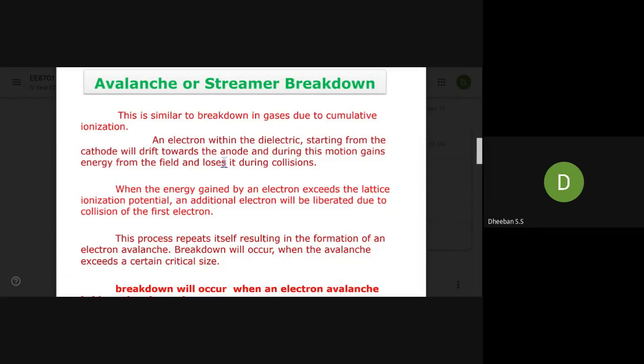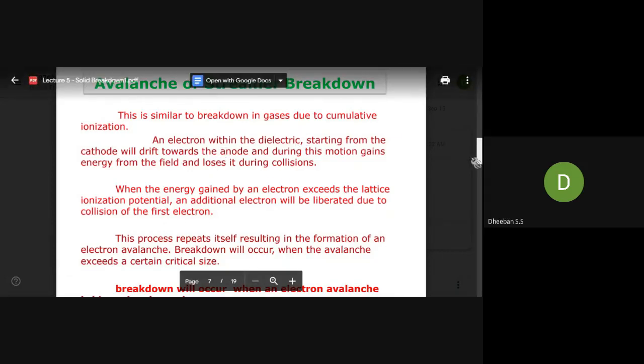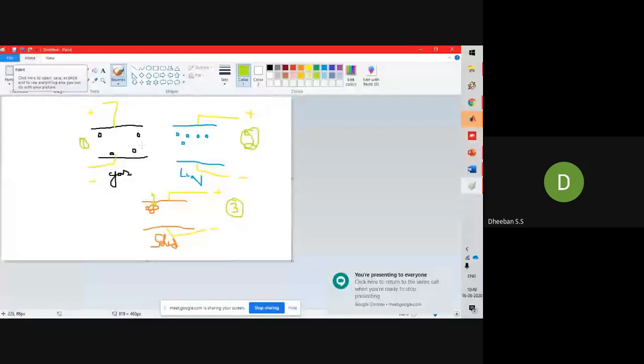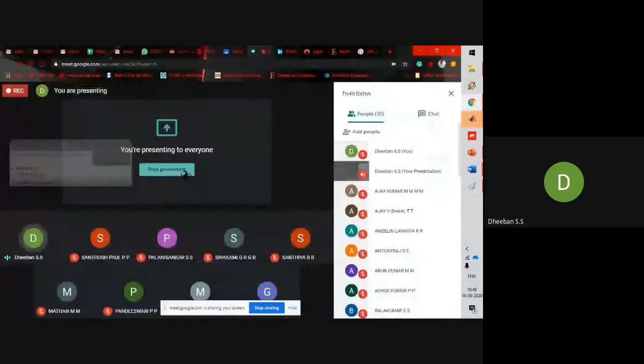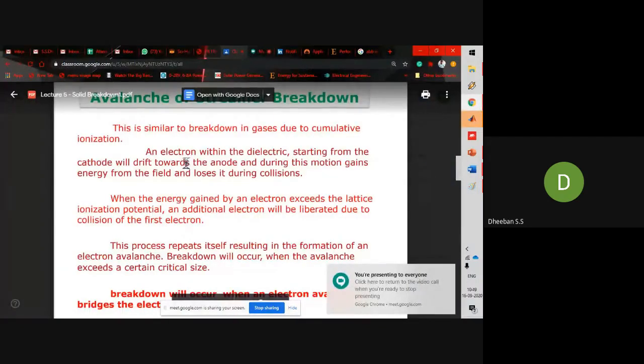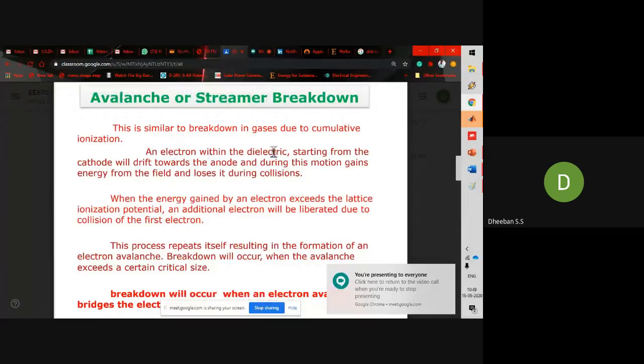Okay, so there might be some free electrons. For example, over here you can see what they are saying: an electron within the dielectric starting from the cathode will drift towards the anode.